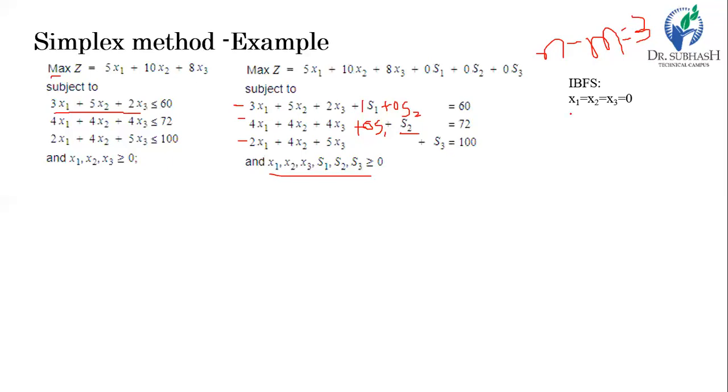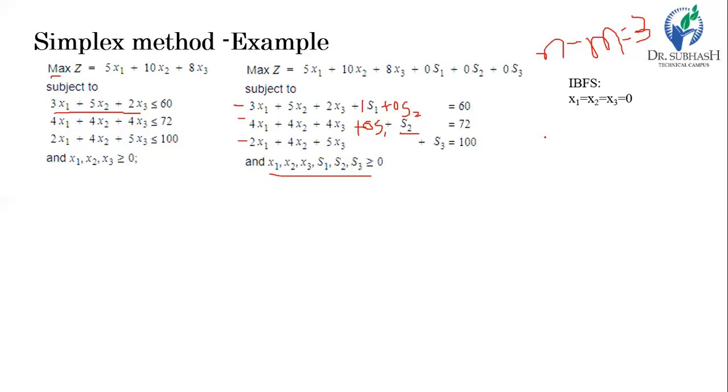In any case, if this does not exist, or let's suppose it is a greater than or equal to type constraint, then we have to add s2 plus a1 here. In that case, we have to set s2 equal to 0, but we will see that when the problem comes to a minimization case.